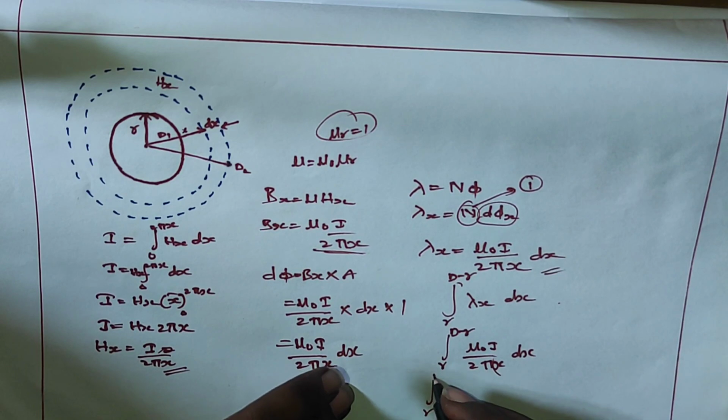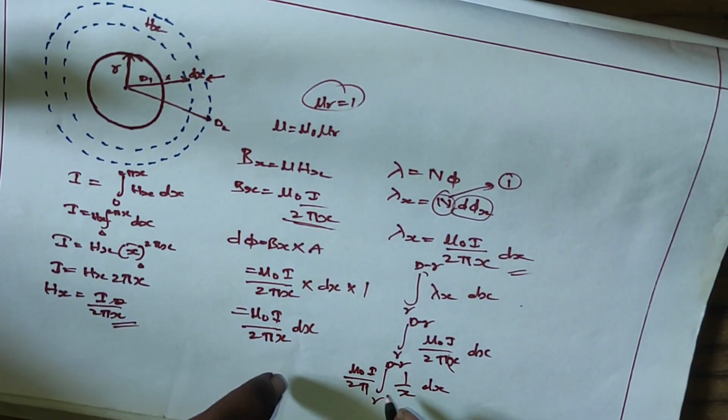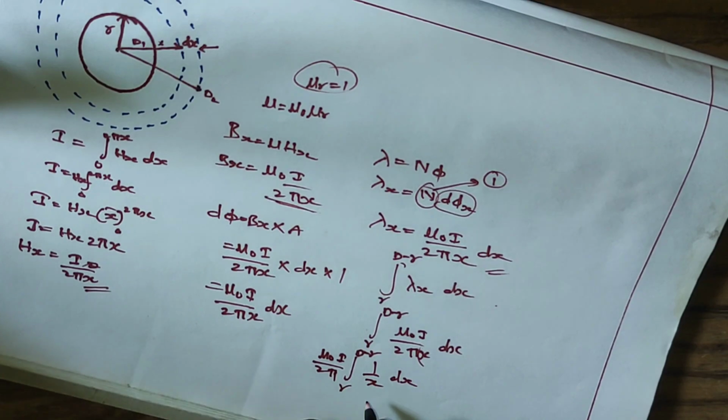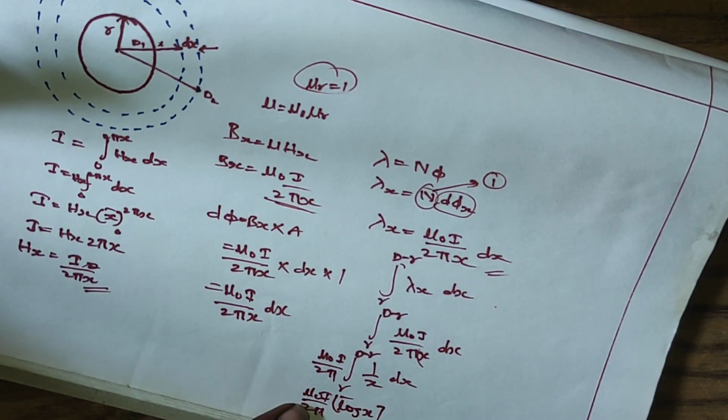Outside of this integration, mu naught I by 2 pi, 1 by x remains over here, and dx. The integration of 1 by x is log x, so mu naught I by 2 pi log x, and I am left with the limits r to d minus r.